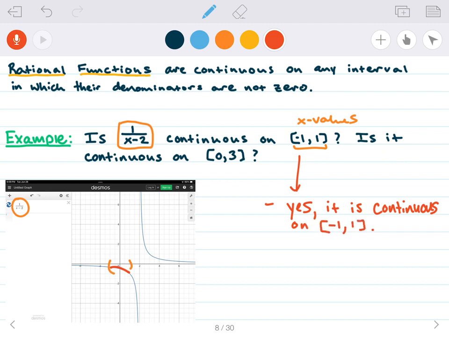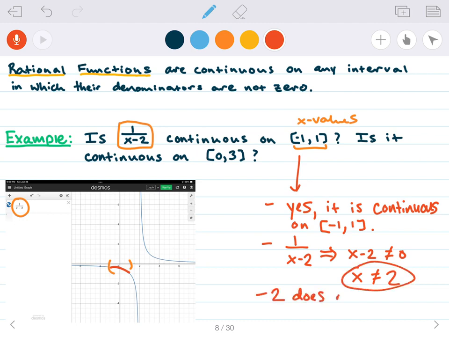Another way to see it is that for 1 over x minus 2, when we set x minus 2 not equal to 0, the only restriction that we have is x is not equal to 2. And 2 does not live in that interval.